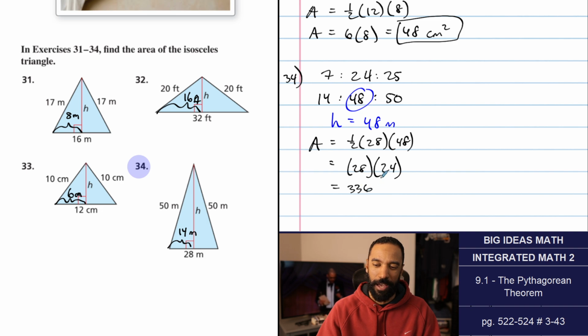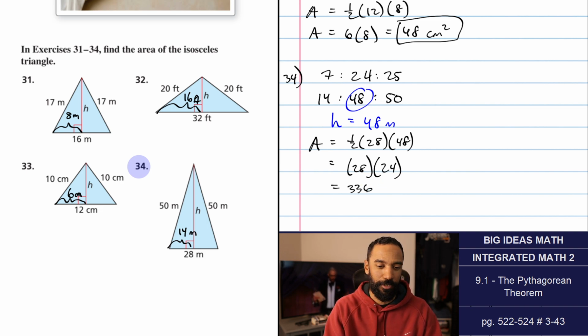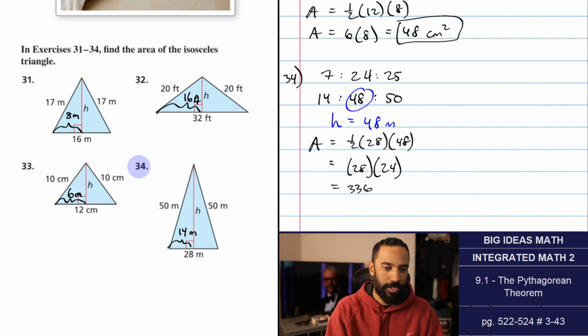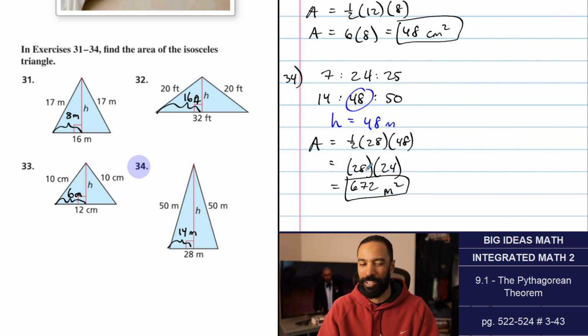I was thinking in the thousands, and I added 96 to 2400 instead of 240. 24 times 28. What did I do? 24 times 28. 672. Where was I going with my numbers? Oh, I was doing 24 times 10. I got to use a calculator. 672. I was multiplying something wrong, basically. We're all good.